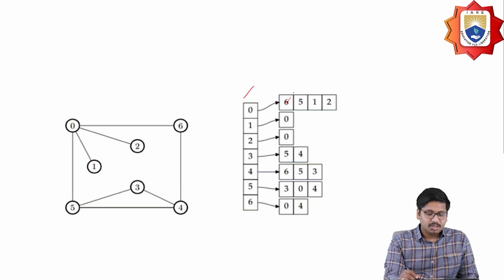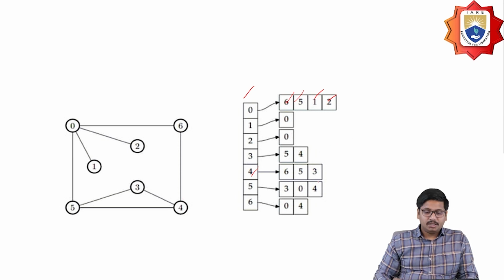So that should be 6, 5, 1, and then 2. And for 4, the vertices are 1 and 2. And here in this one, I get nothing.